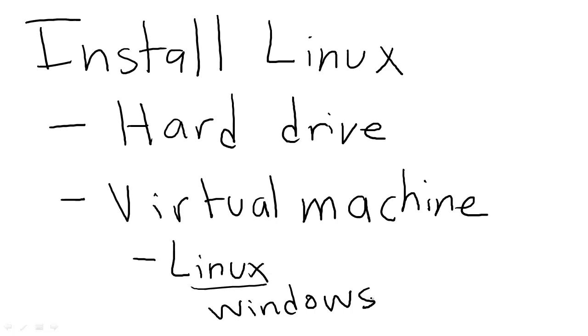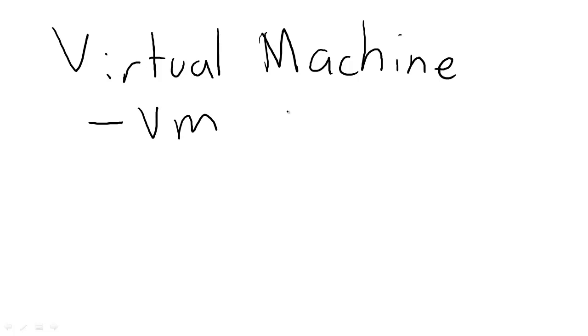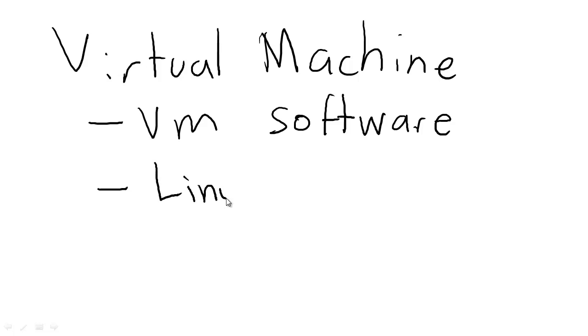So now we're going to be actually walking through the installation of a virtual machine. A virtual machine requires a few pieces. First of all, it requires the virtualization software. It also requires an image of the operating system you'd like to run. So in this case, we are using a Linux image.